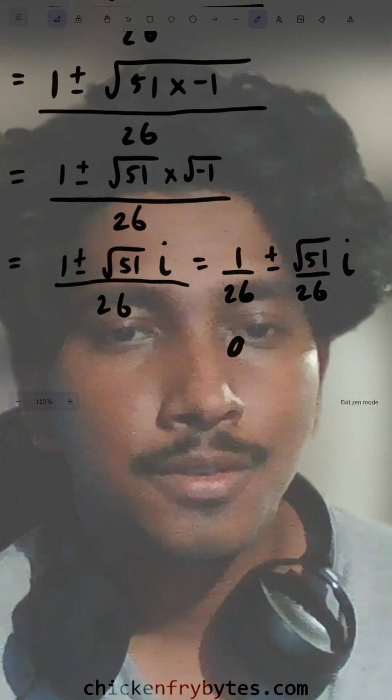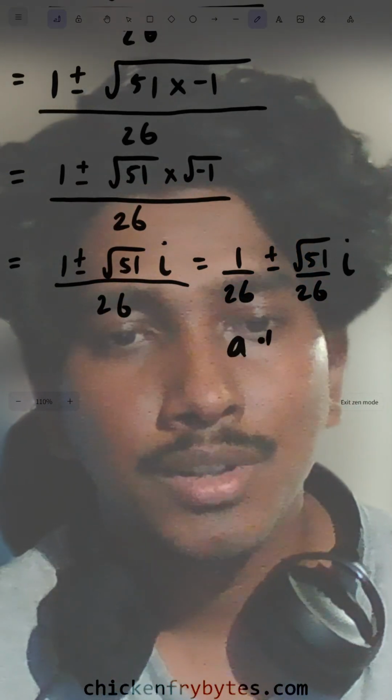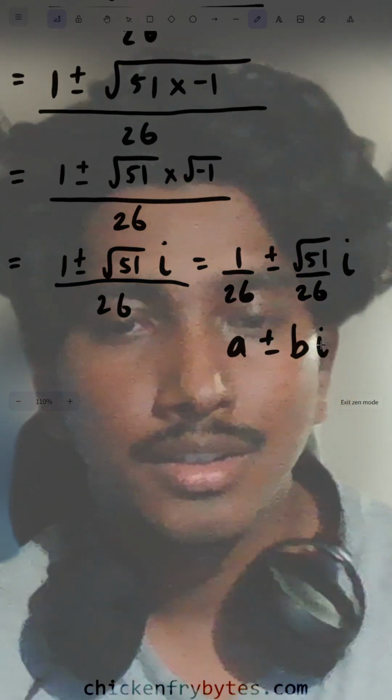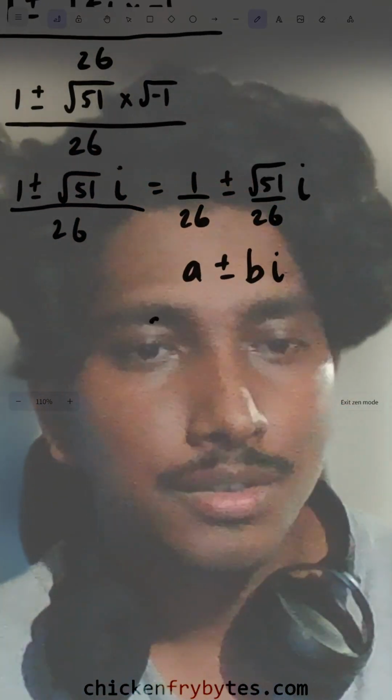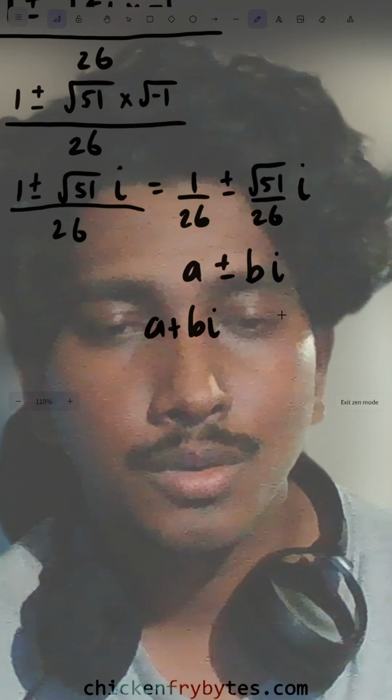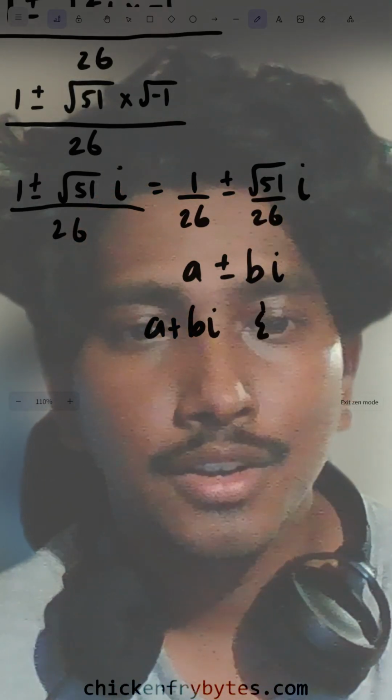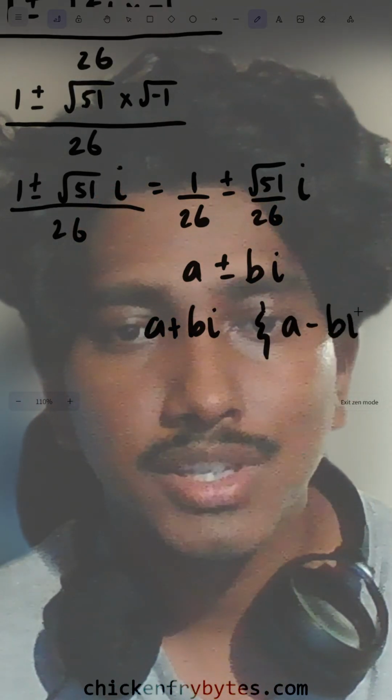So this definitely is in the form a plus or minus bi, which simply means the same as a plus bi, which is our first complex root. And the other one is a minus bi.